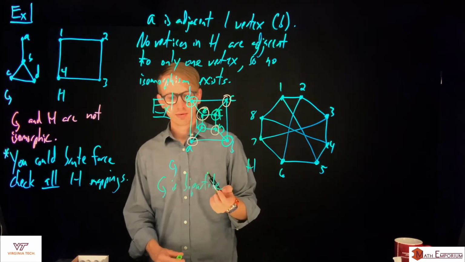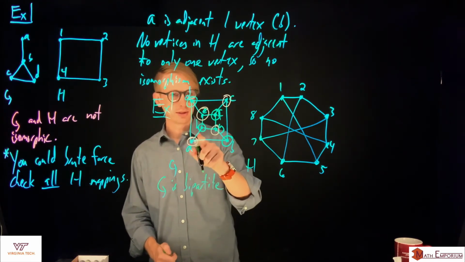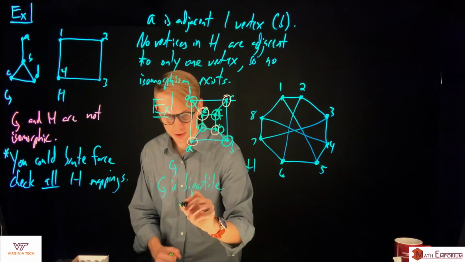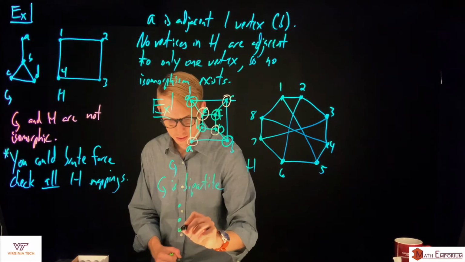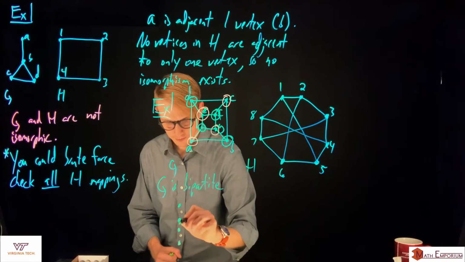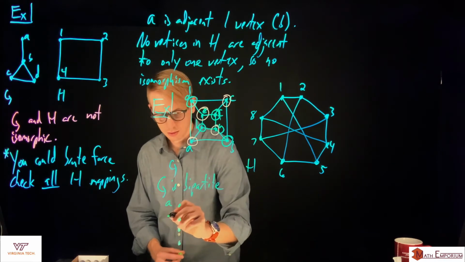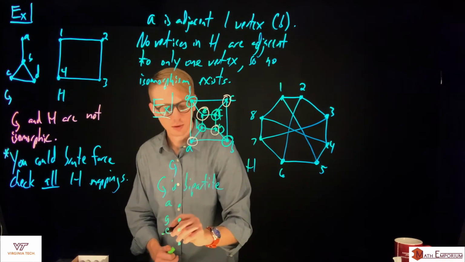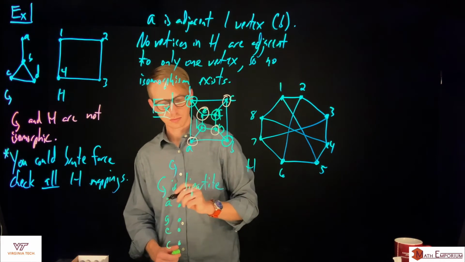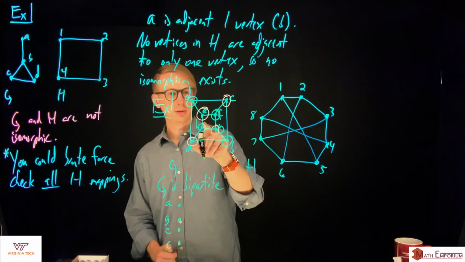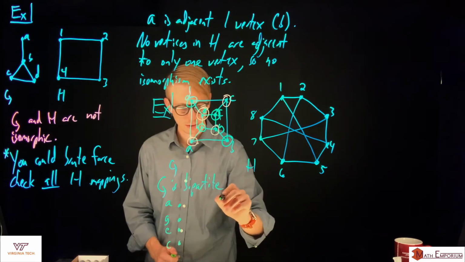In fact, I could rewrite this to show you what a bipartite graph looks like. So it looks like A, G, E, and C. I'm going to write them on one side. And then B, H, F, and D are on the other.